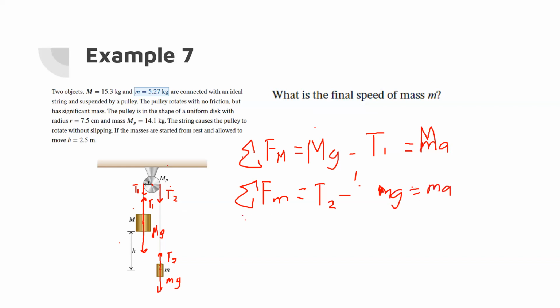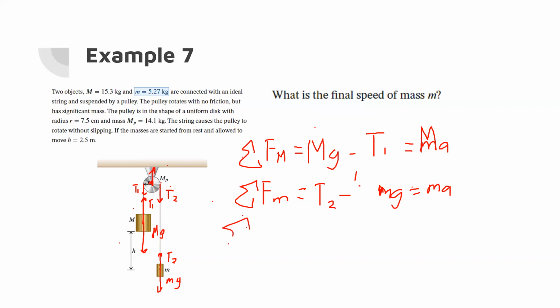And then finally, I have to worry about the pulley, but there's a problem in that I can't really quantify, I don't really know what to do about the force that's keeping this pulley up. So instead, what I'm going to do is take the torque exerted on the pulley about its center.